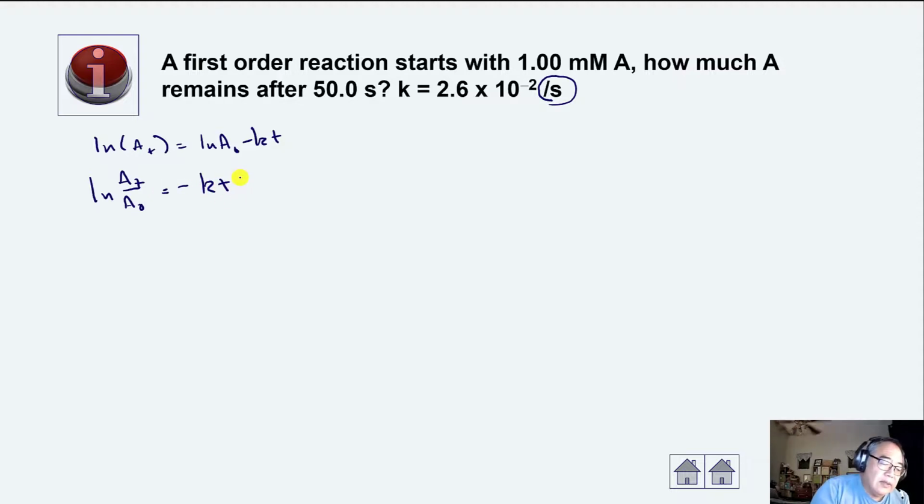And there's yet another: AT is equal to A0 e to the minus KT. Now, when you do these problems, you'll have all these equations in front of you. Make sure you choose the one that is closest to the answer that you want to get.